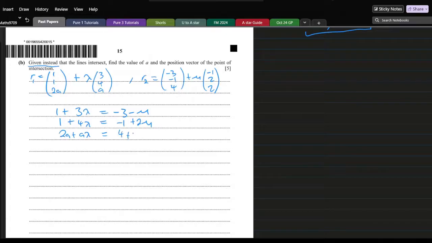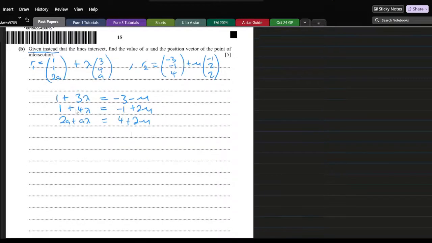Alright, so I'm going to use our first equation to make mu the subject of the formula. So we've got 1 plus 3 lambda is equal to -3 mu. So mu must be equal to -3 -1 -3 lambda. So mu is equal to -4 -3 lambda.